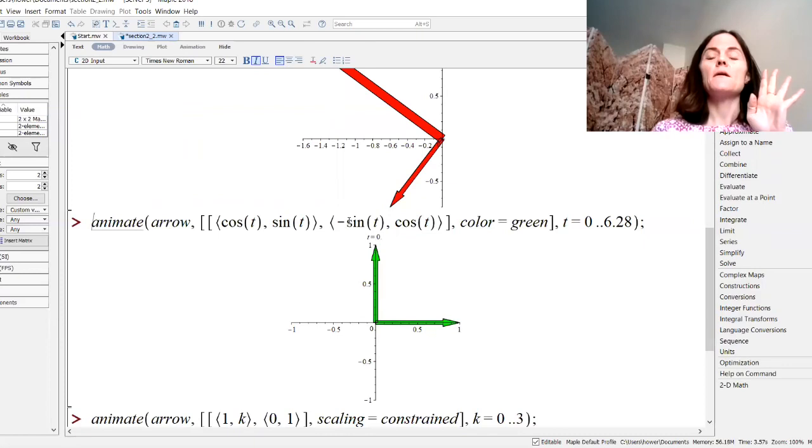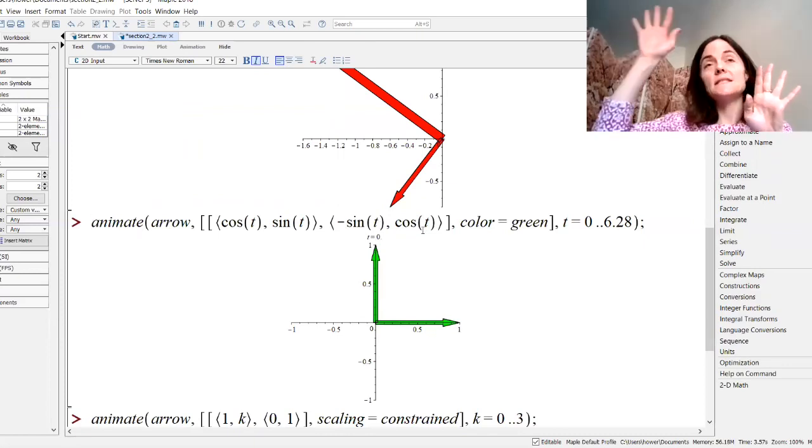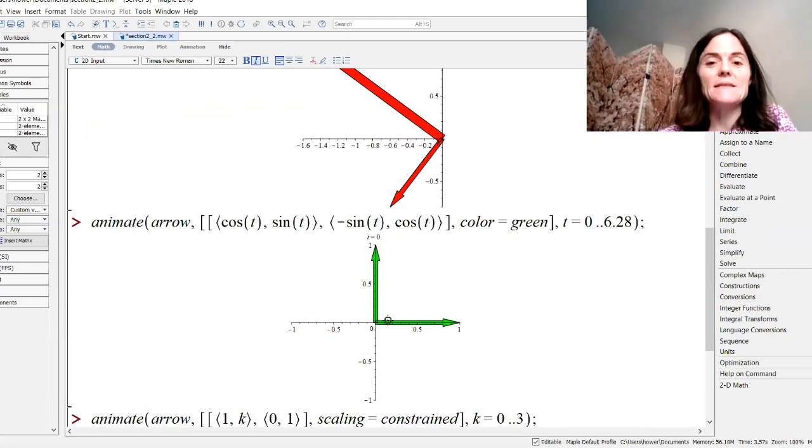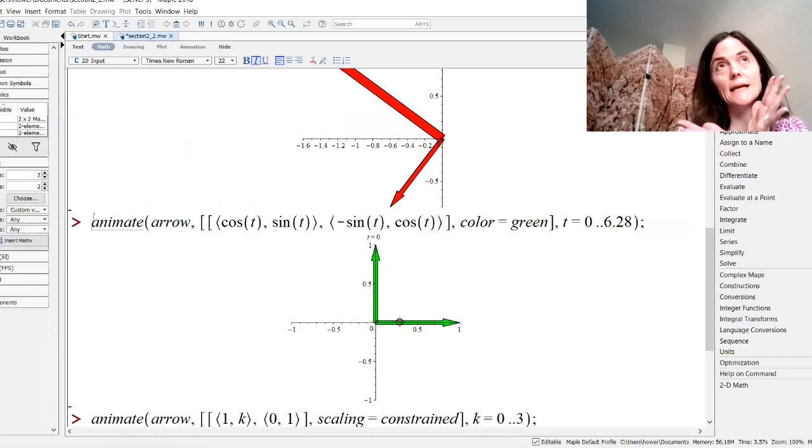And then minus sine t, cosine t is the second column of the matrix that rotates. Well, when t is 0, this is what's plotted. This is just E1 and E2. But what I'm going to do is vary t. This is the theta. So right now it's plotting for t equals 0. This is like just the identity. There's no rotation, it's just the identity map.